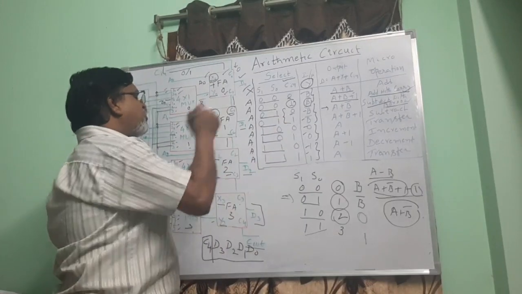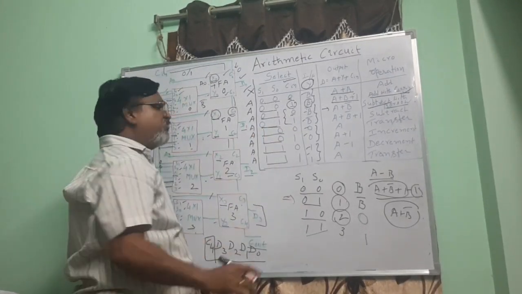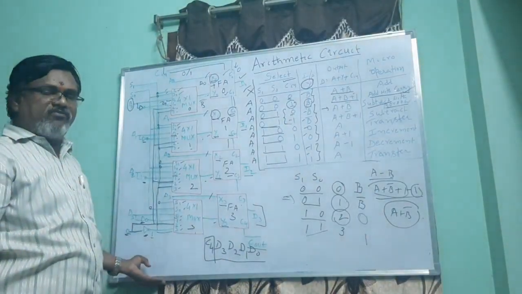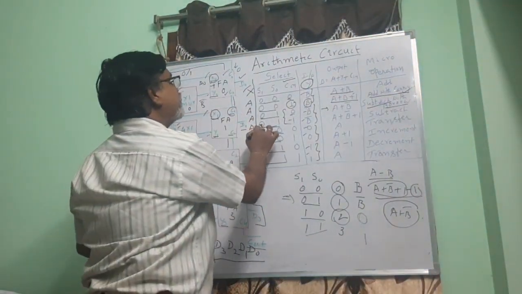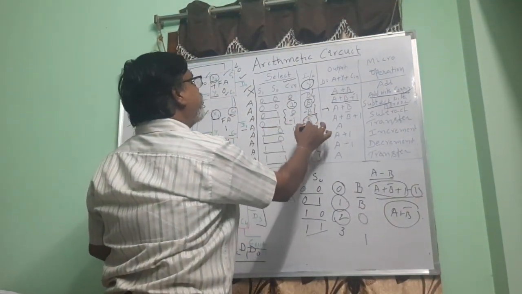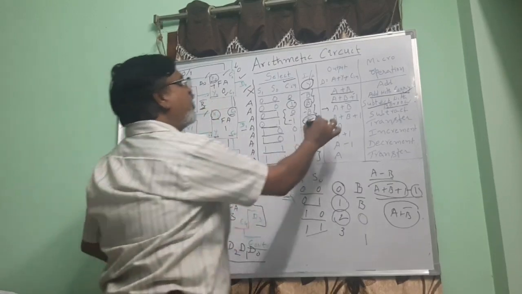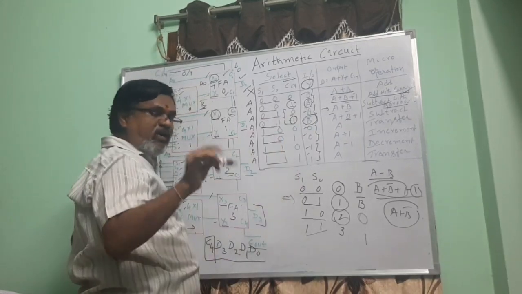Now the second time these two will remain the same, 0 and 1, but here the Cn value, instead of 0, we give Cn value as 1. Because it is 0 and 1, obviously the Y input will be B bar as usual. So A plus B bar plus, here what is there in Cn? 1 is there.